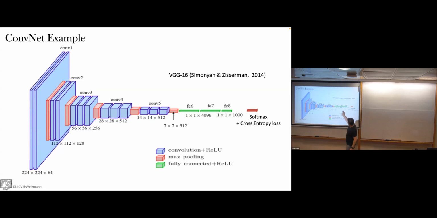Then close to the end of the network, this is how you can tie this with the things you already know about vanilla neural networks. You get to a resolution of one by one, and then you go into fully connected layers, one or more, and then what you're already familiar with, like softmax, and you do the classification. There are other ways.